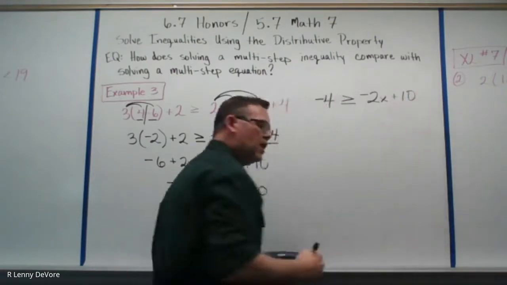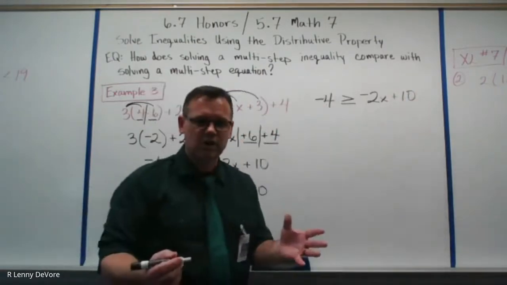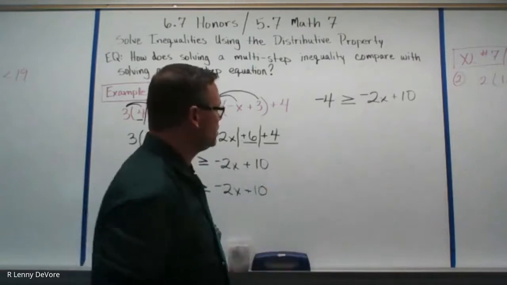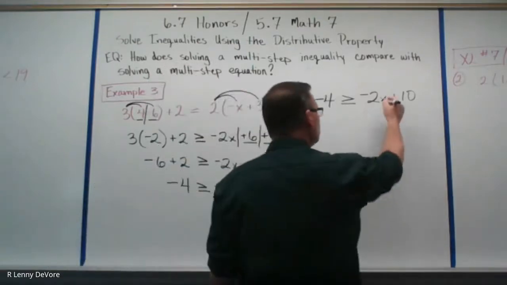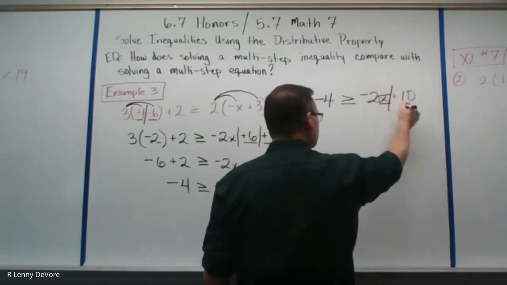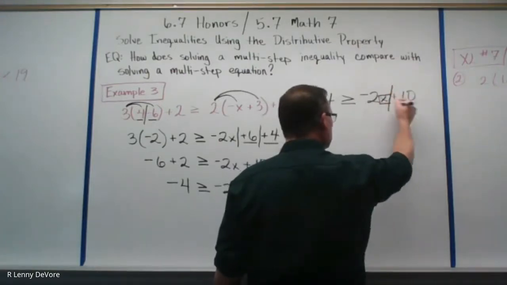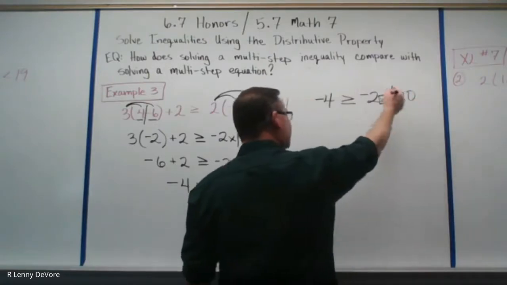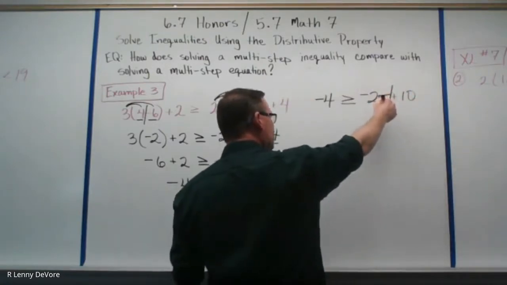Now, hopefully by now, you have learned how to isolate the variable and balance the equation. At this point, we want to isolate x. I'm going to do that by separating the terms. This one right here, this +10, is not connected into a single term with the x.